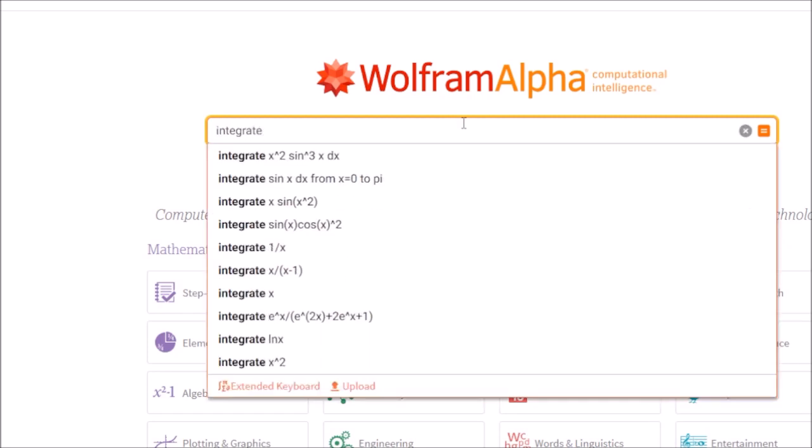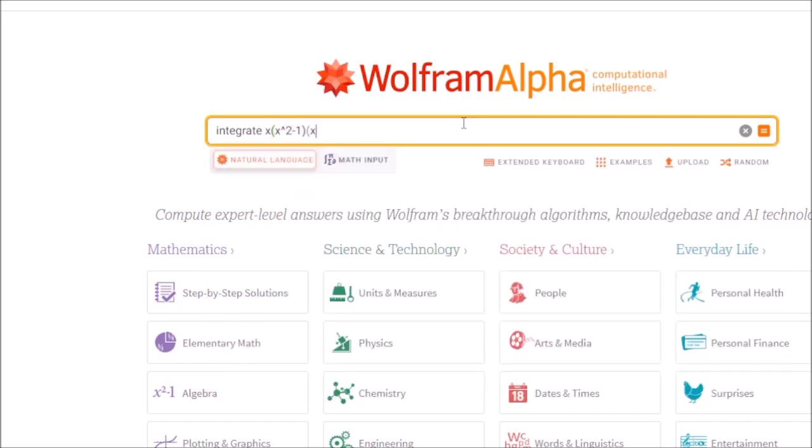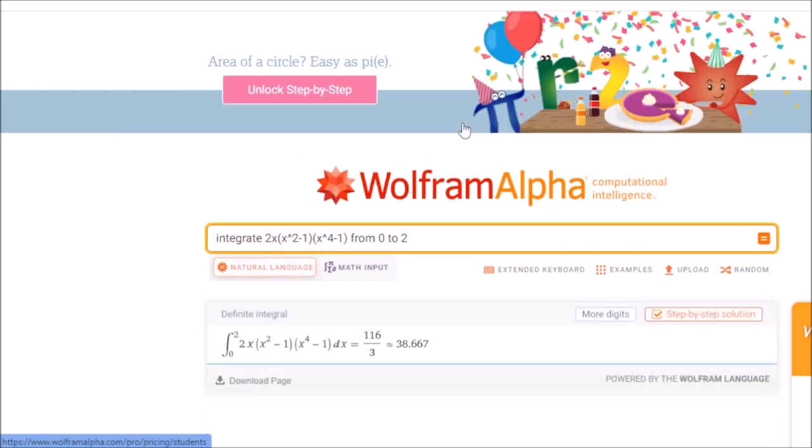Integrate. Wait, okay. First of all, I want to know if this is an absolute value mistake or an algebra mistake. So from 0 to 2, technically that's what it is.